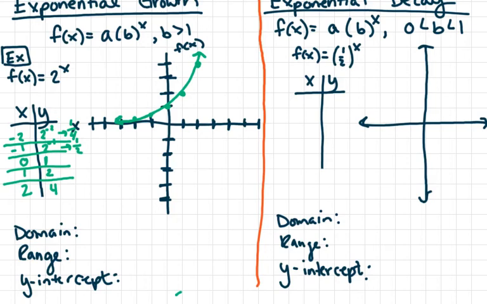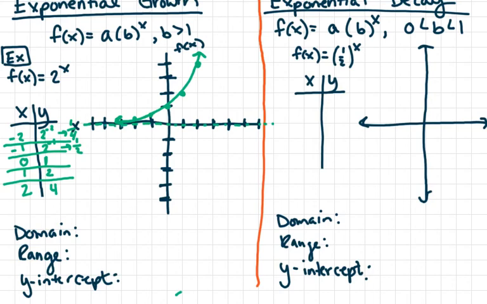Our function's never going to get negative. So you notice that when I have an exponent of 0, my y value is 1. And if I had an exponent of a negative number, then my y value is a fraction. So my function is never going to reach 0 as a y value or negative as a y value. So we have this line right here.